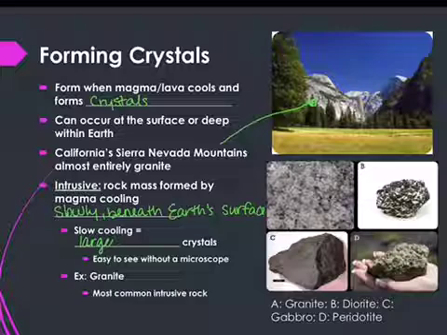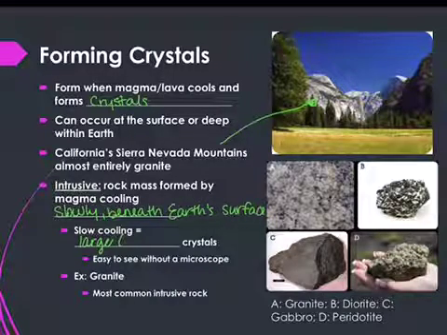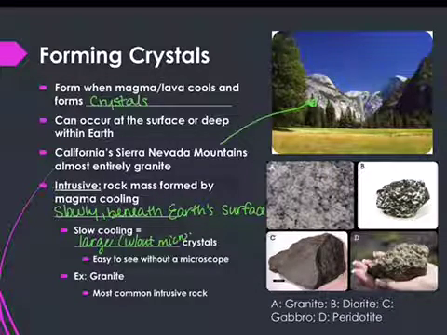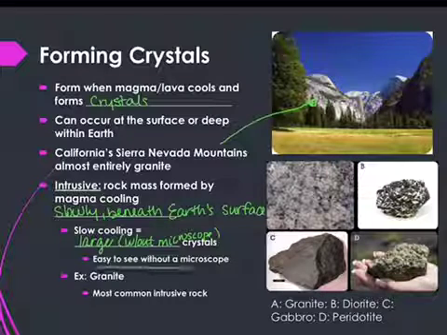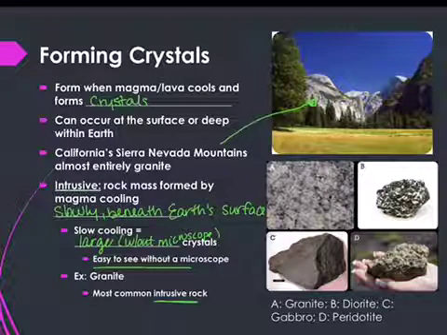And by large, I think we talked about in the last video, they can be seen without a microscope. Right here. And an example here would be granite. And like we've talked about earlier, this is not only the most common igneous rock, it's also the most common intrusive. So in example A up here, we have granite.